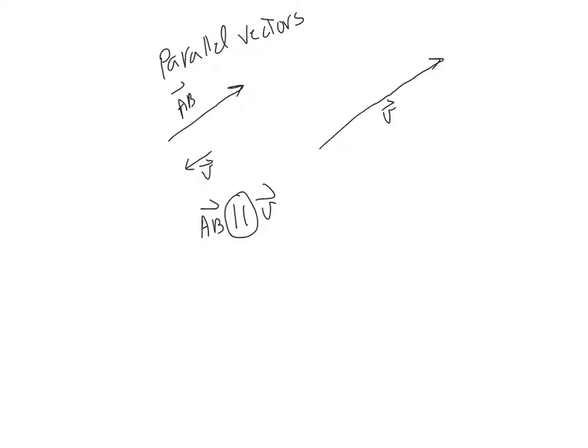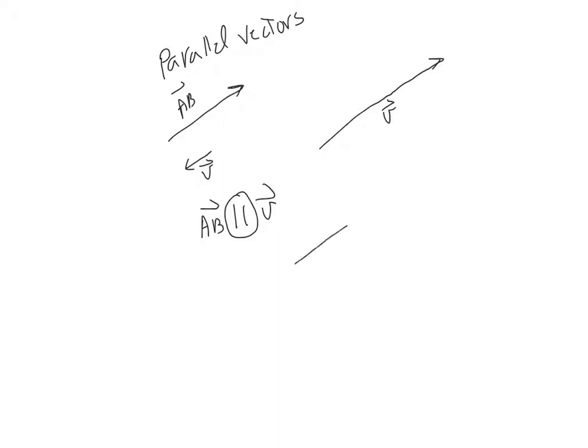We define two equivalent vectors as two vectors that have the same magnitude and the same direction. The location of the vectors is not important.